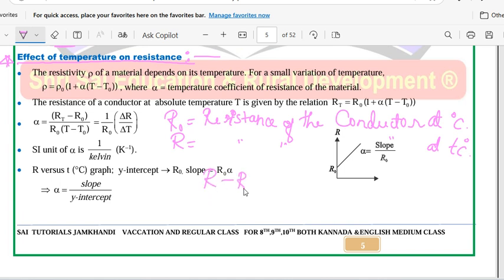The increase in the resistance, that is R minus R naught, is directly proportional to R naught in the first case.